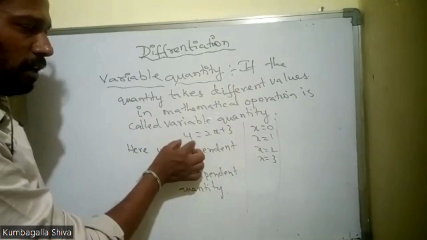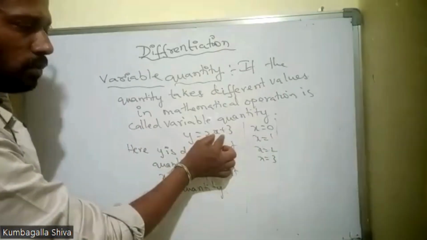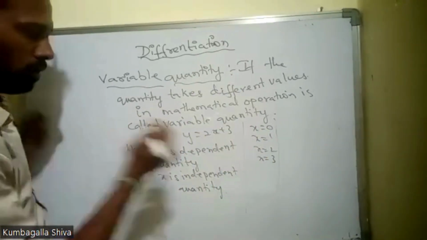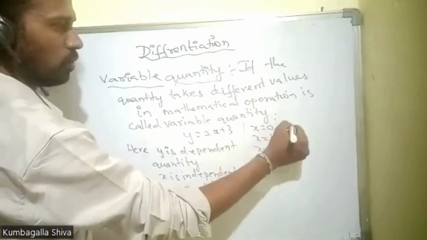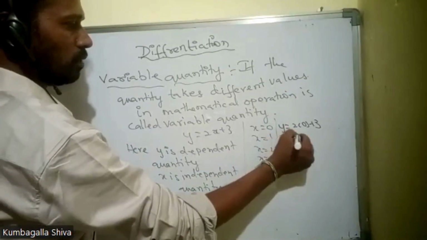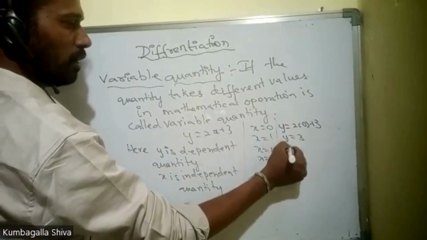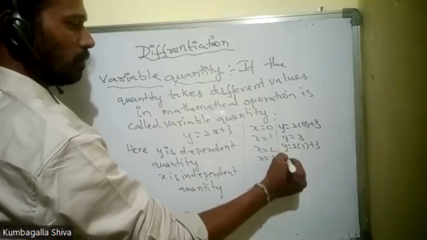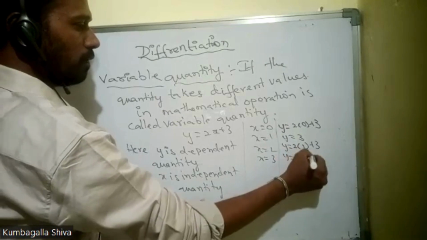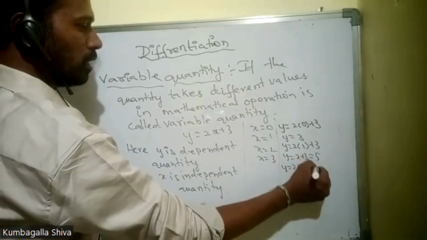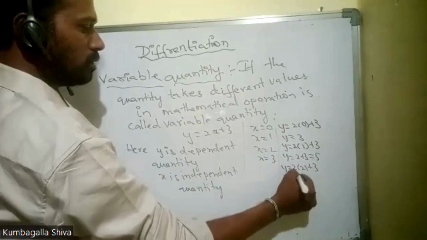For corresponding x values, I get different y values. Example, suppose y is equal to 2 into 0 plus 3, I get y is equal to 3. If I take x is equal to 1, 2 of 1 plus 3, I get y equal to 2 plus 3, 5. Now, if I take x equal to 2, 2 of 2 plus 3, I get y is equal to 4 plus 3, 7.